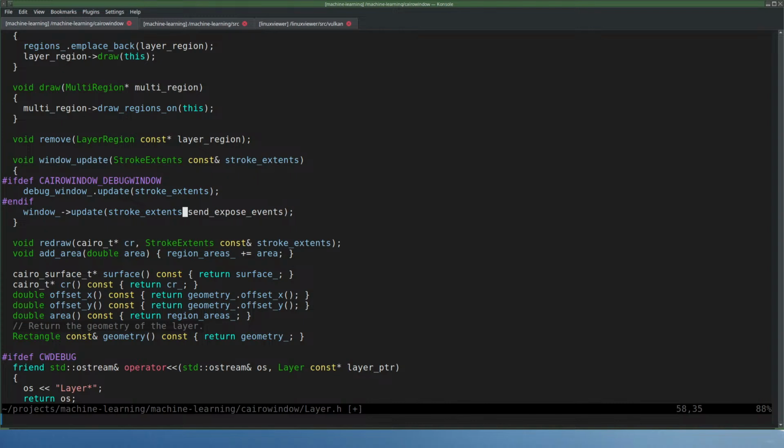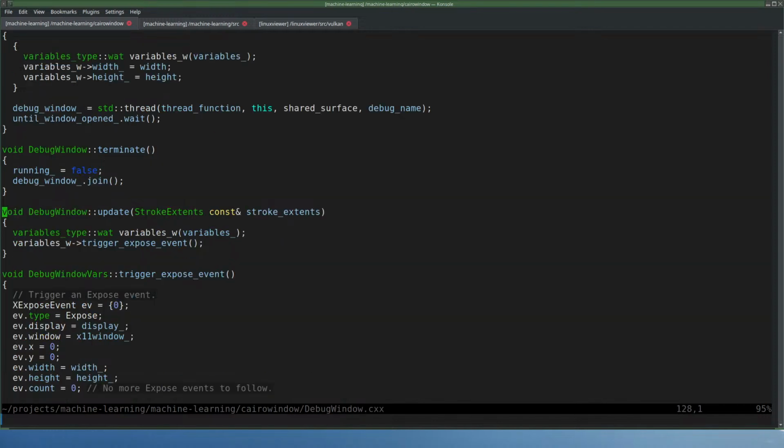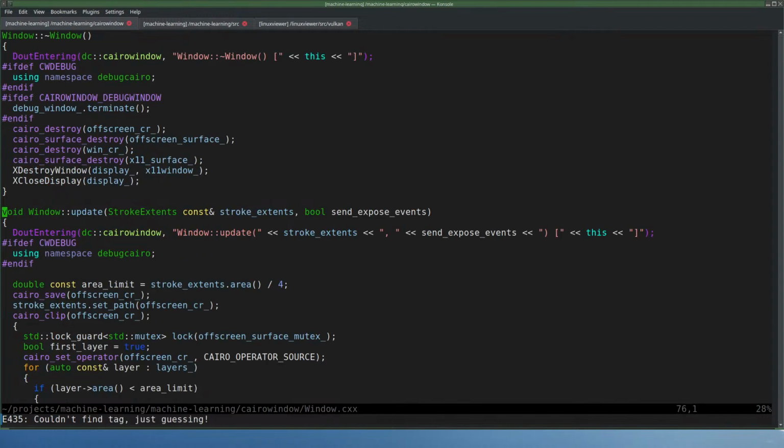Also, don't call it here. Which means that window update was wrongly changed. Having a send expose event, don't do that. Send expose events, it's making that a variable of the window, I think.